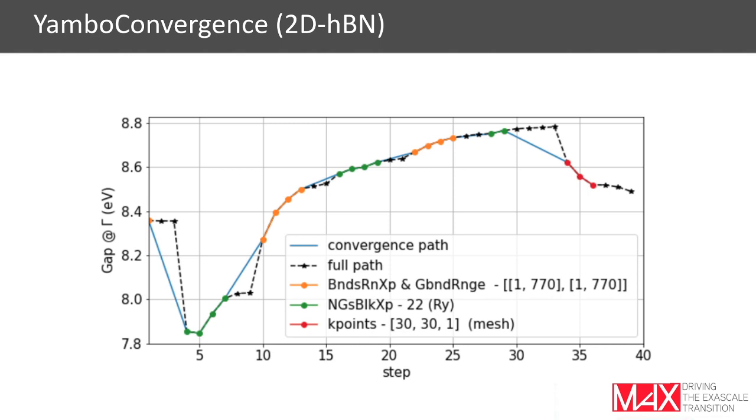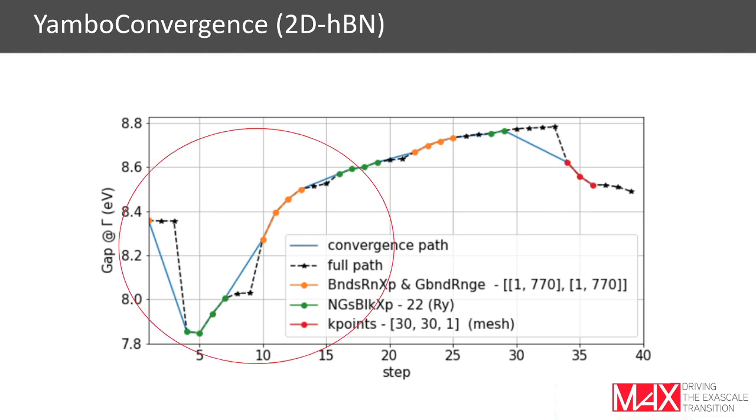This example is relative to the two-dimensional hBN, and by more or less convergence I mean that here we have not pushed further the convergence on the k-point mesh because this was just a test. The convergence can be pushed further by increasing the convergence threshold.